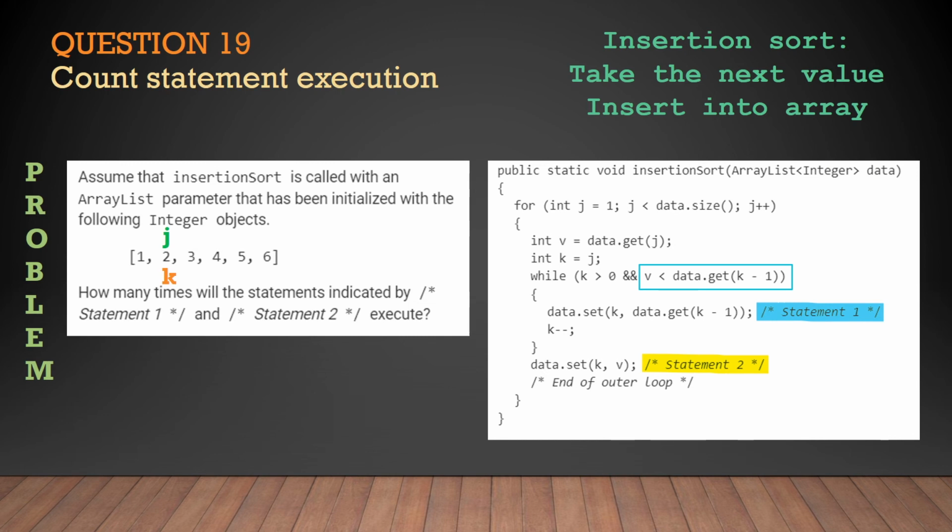Okay, question 19. Here we're counting how many times things get executed, and it's doing an Insertion Sort again. The key with this is to say, okay, how many times will k get run? The important thing is that we look at, if you notice J is position 1, which is number 2, and k is going to get set to J in the beginning, right?